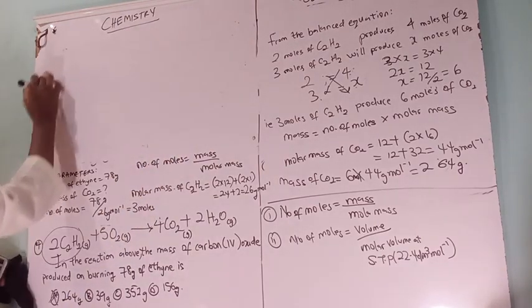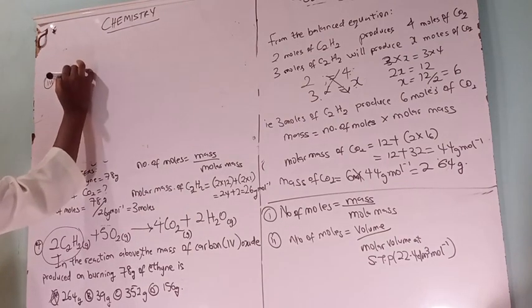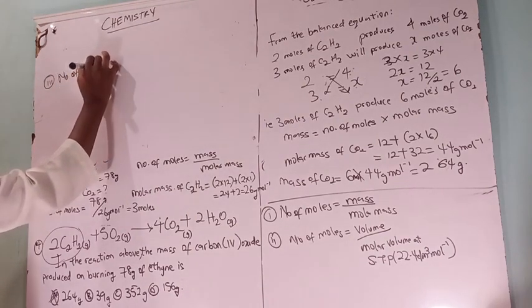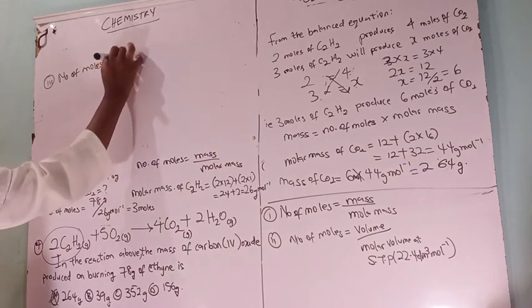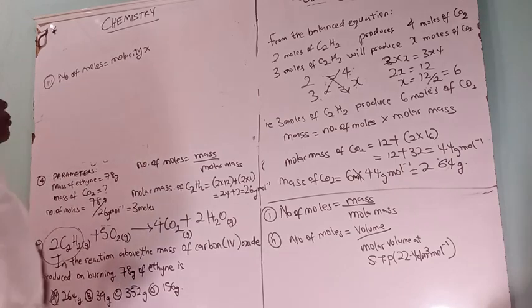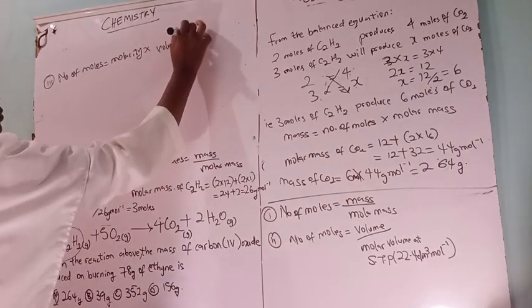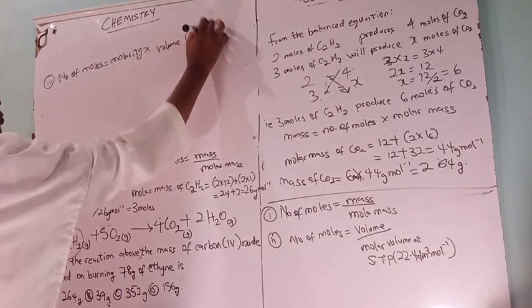Number 3, number of moles equals molarity times volume in dm cube.